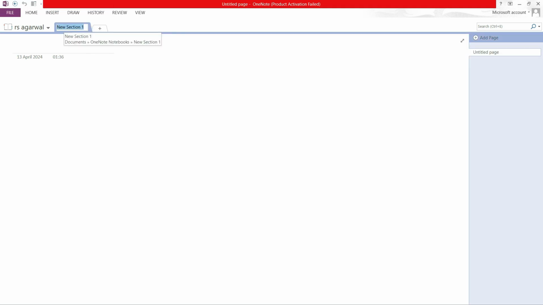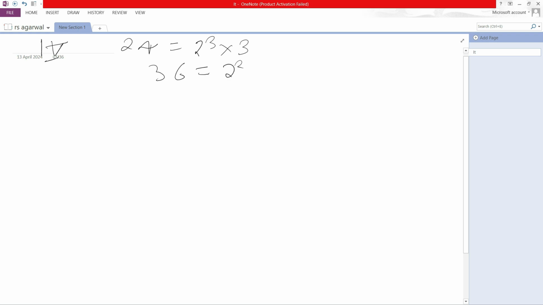In the fourth question, we have to find the SCF and LCM of 24, 36 and 40 here. So we'll see here, 24 is equal to 2 cube into 3, 36 equal to 2 square into 3 square. After that 40 is equal to 2 cube into 5.